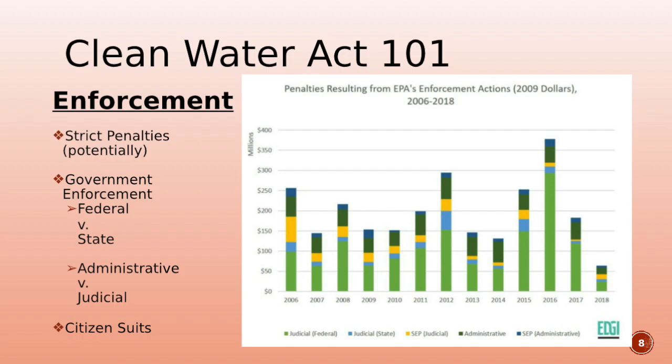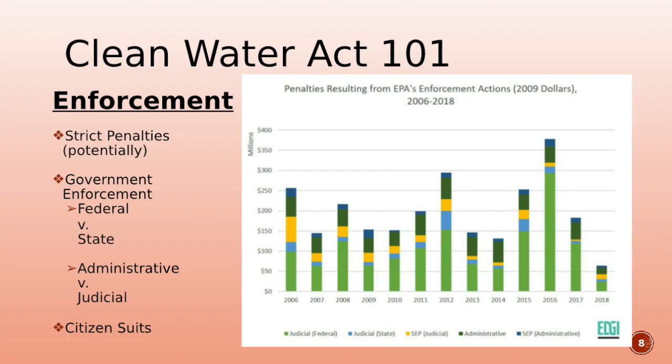The Clean Water Act actually has some real teeth to it. The penalties that it authorizes are up to about $55,000 per day per violation. So that can add up quite quickly. But penalties are almost never assessed at that level. There are various reasons, which I can get into perhaps offline, for why that doesn't happen.